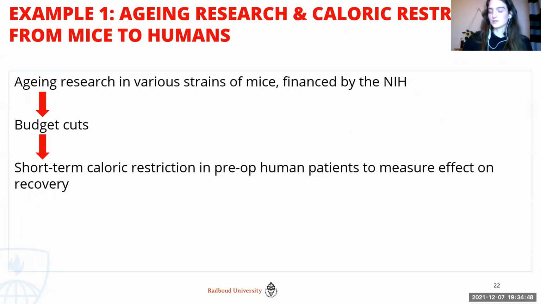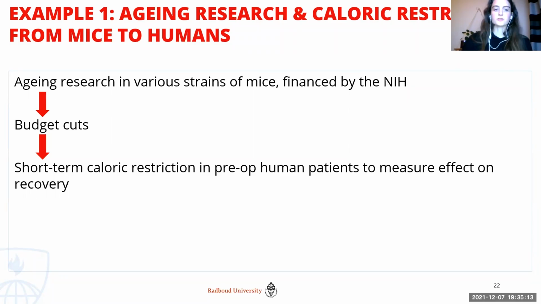So that ended the mice breeding program. It, by the way, didn't start up in the US. They didn't manage to get it off the ground. But they had to find a new approach to studying caloric restriction and aging. And what they did instead is they thought, well, what can we study now in humans?